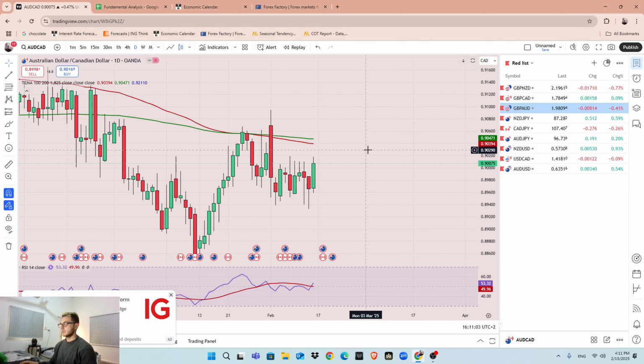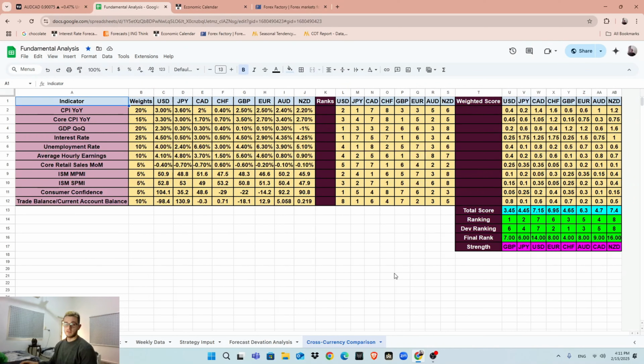Now let's clear this out and let's jump into the fundamental analysis and what we are waiting for during the next week. The pound got very strong because of the GDP data.